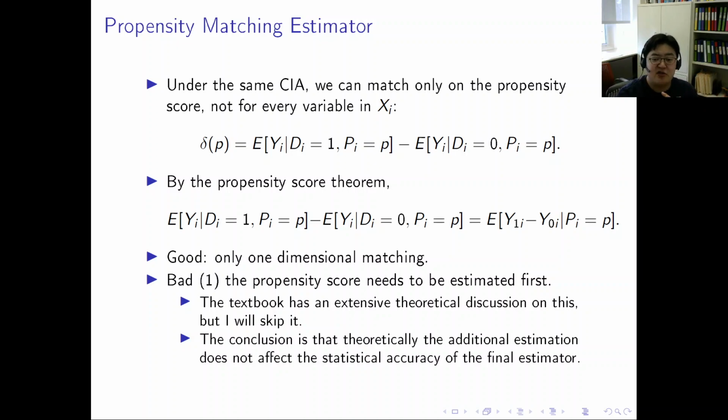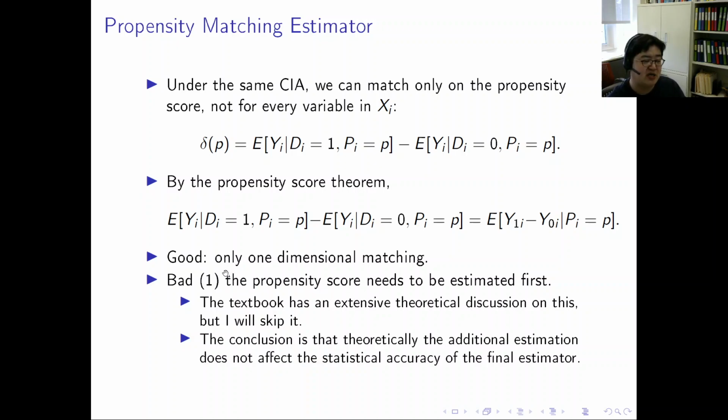There are many theoretical challenges and many arguments why it's not a problem, but I will skip that. That's more technical and theoretical discussion. But simply the conclusion is that it does not matter. In most cases, estimating the propensity score is not that challenging. It's not a big problem in practice.